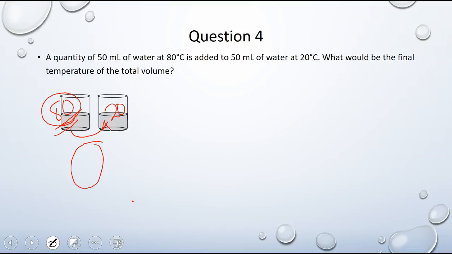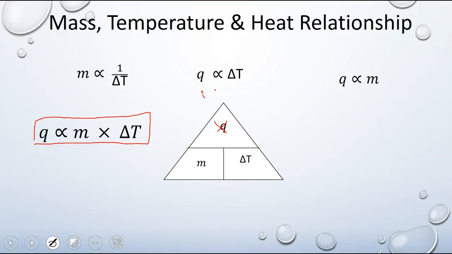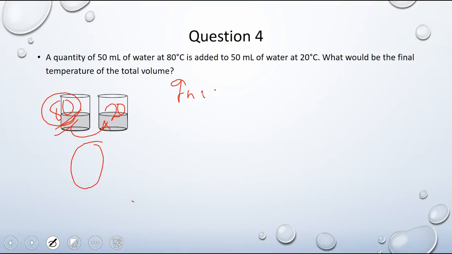So that must mean that the Q of the hot water goes into the Q of the cold water. Well, we want to set these equal to each other somehow. The Q of the hot water is being lost, and the Q of the cold water is being gained.